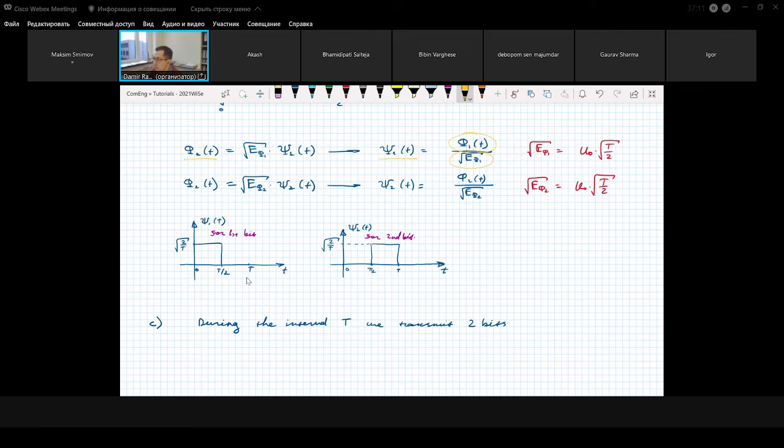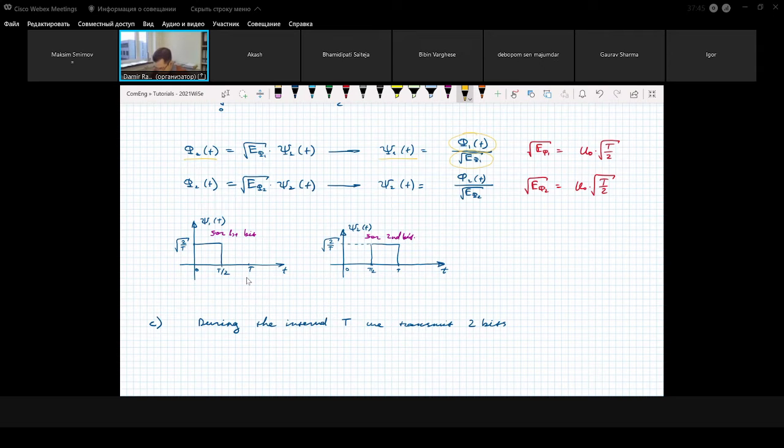But in general, if you have many different signals and all pairs of the signals are mutually orthogonal, then in order to find the basis, you just need to normalize each signal, and then you get an orthonormal basis for all these signals. So I hope I answered your question. Yes, sir. It's clear. Thank you. No problem.